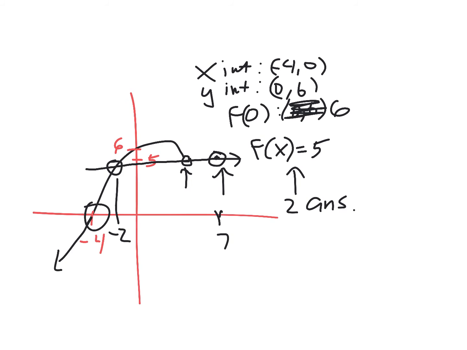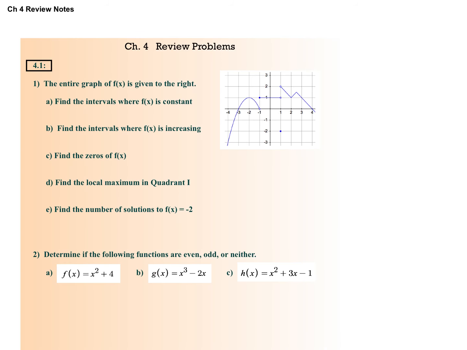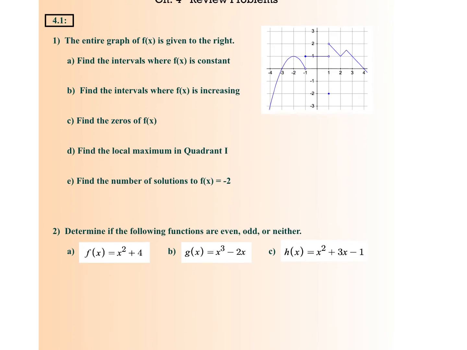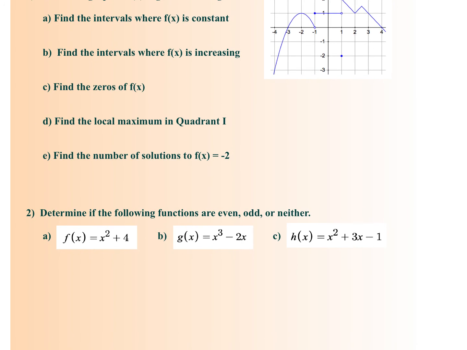Okay, let's move on. These are a bunch of review questions that I strongly recommend that you do. And I'm going to give you a bunch of time. And then if you're stuck on any of them, like, where's quadrant 1? You can come up and ask me. But the one I would like to do together with you, and by the way, when I say you should do them, the reason I think you should do them is there's an answer key.